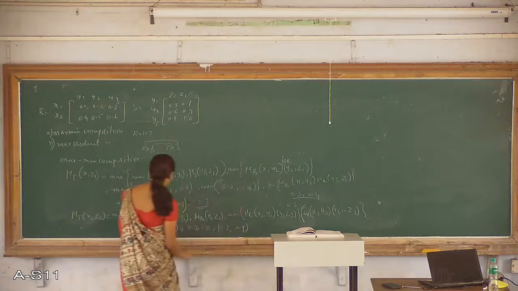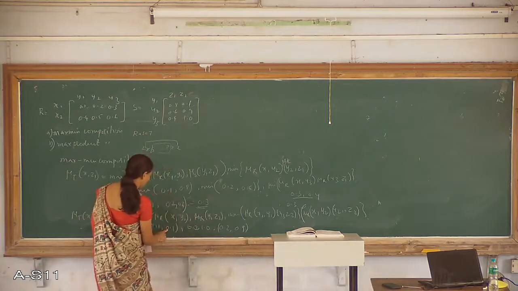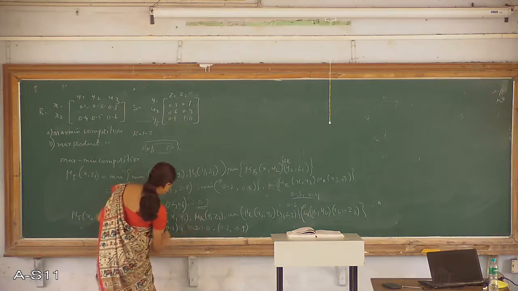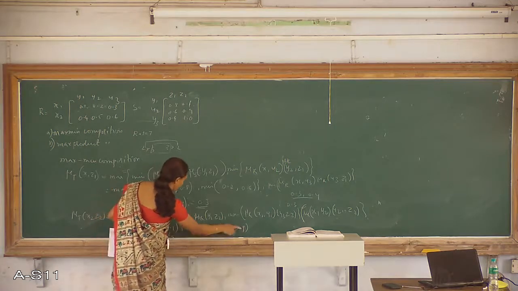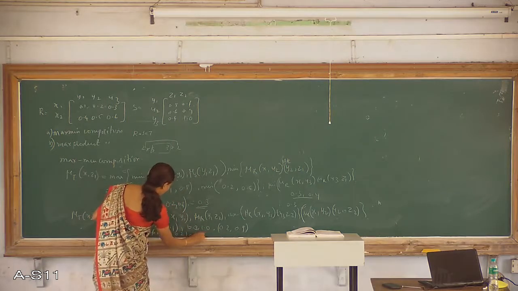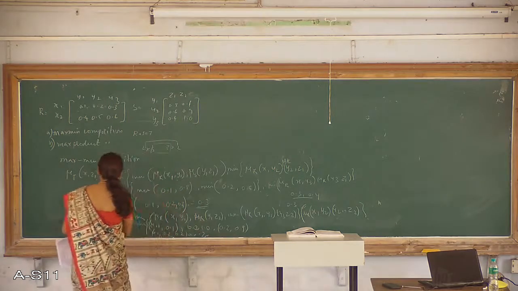So among these, the minimums are 0.1, 0.3, and 0.2, and the max among these will be 0.3. So this is your answer for x2 z2.